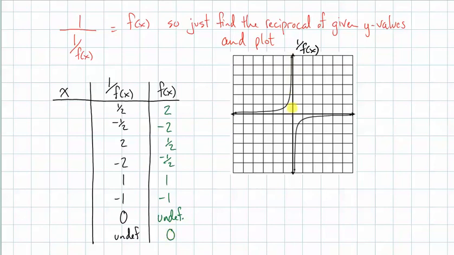Looking at this graph, you can see a vertical asymptote. That means it's undefined there. That means f of x is 0 there. Look where this graph has a value of 1. My graph will be invariant and therefore also pass through that place. Same with -1. Looking for 2, I would plot half. -2, I'd plot -1/2.